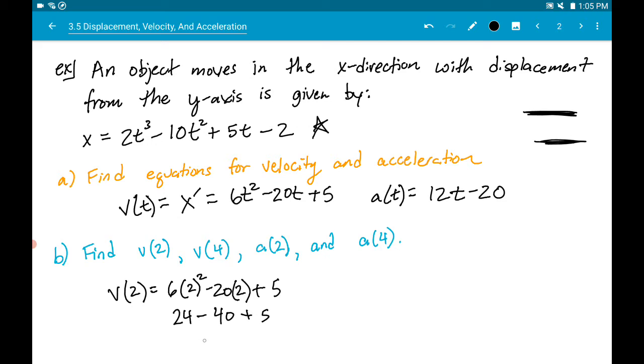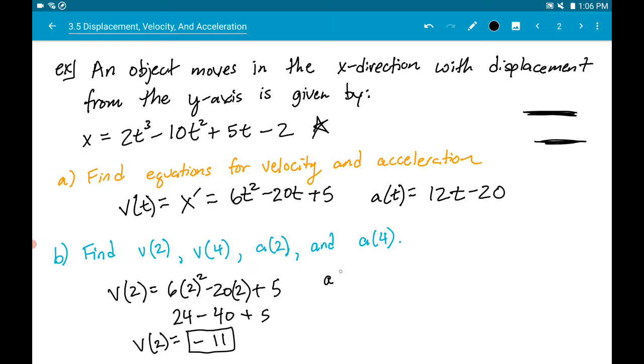So it looks like I've got negative 16 plus 5. What is that, negative 11? So that would be my v of 2. And if I wanted v of 4, I would do the same thing, but plug in a 4. For the sake of time, I'll come back to that in a bit.